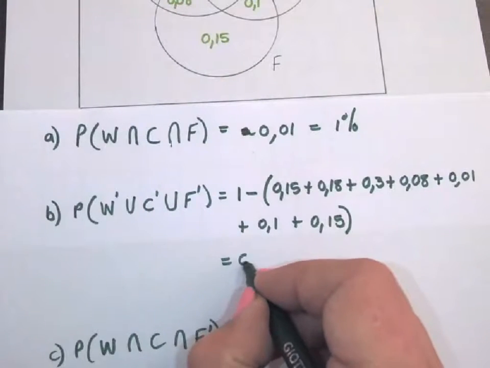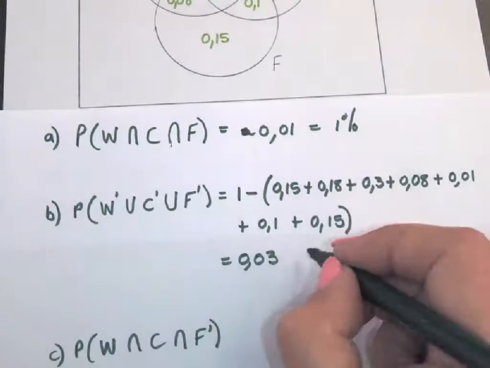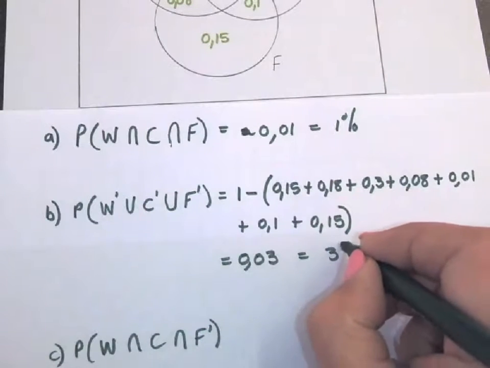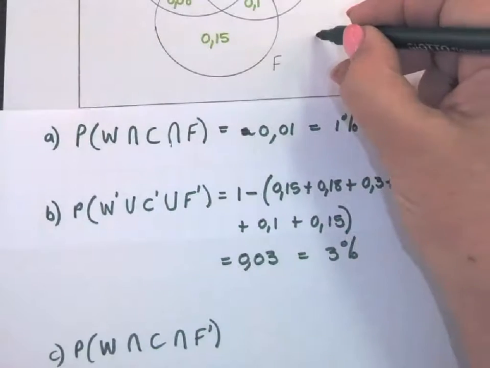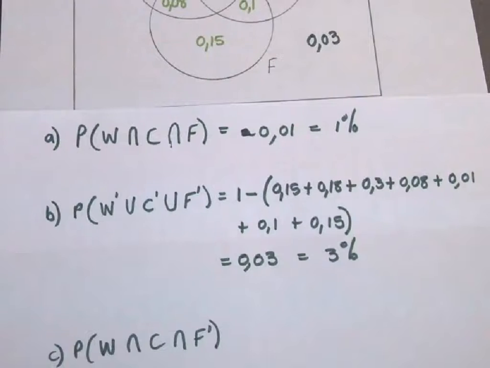And we get 0,03. Should they ask the percentage, it's 3%, and we can write in 0,03 outside the circles.